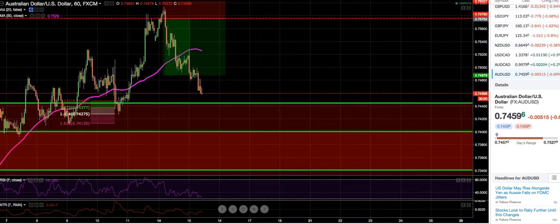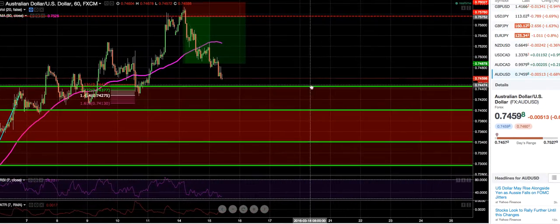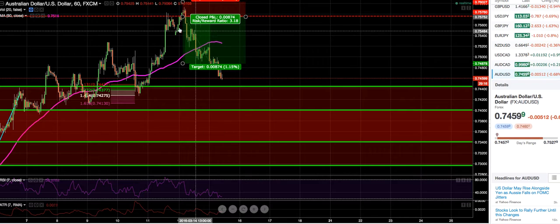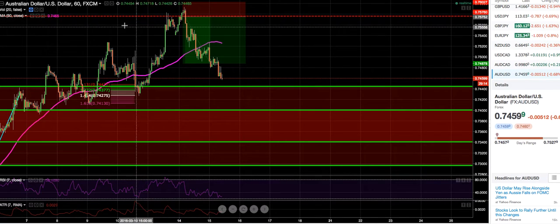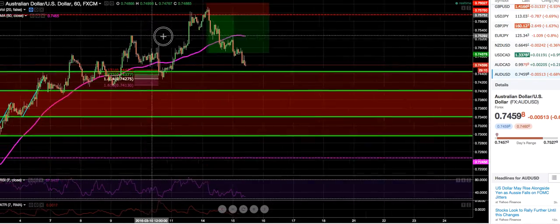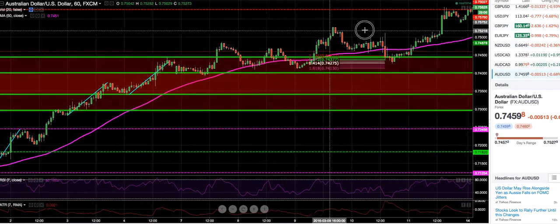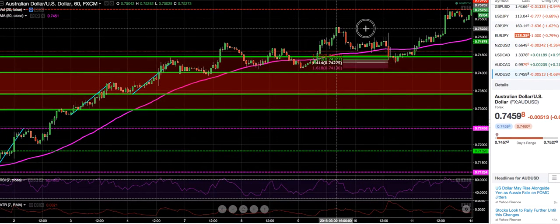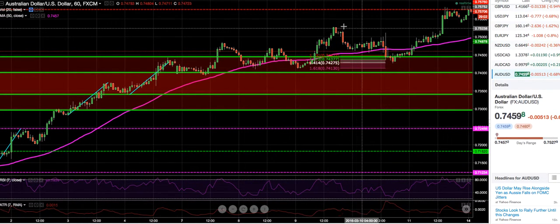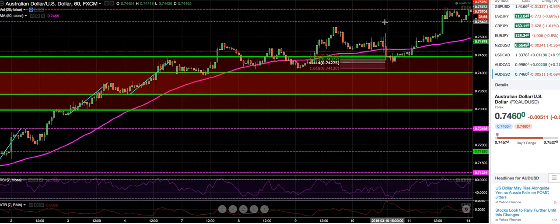But anyway, I want to show you the trade I'm currently involved with, and I've been involved with since the open on Sunday. That's the Australian dollar, US dollar. I got involved right here on this candle, or the open of the next candle.